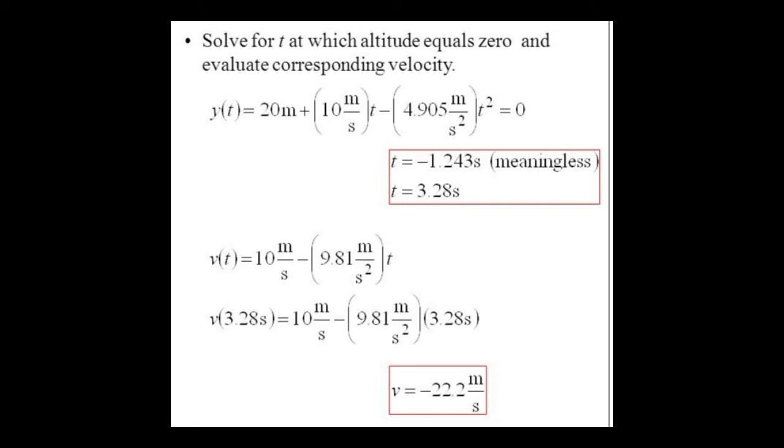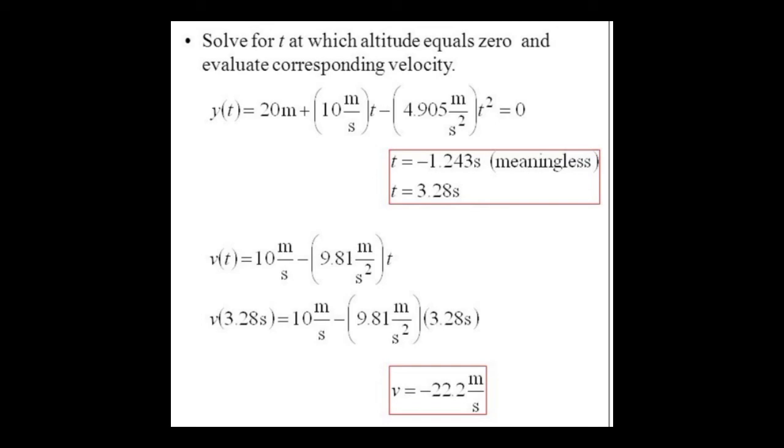Again, from the same problem, we have to determine the time when the ball will hit the ground and the corresponding velocity. In order to determine what is being asked, we must solve for the value of t at which altitude equals 0, and from that we will evaluate the corresponding velocity.